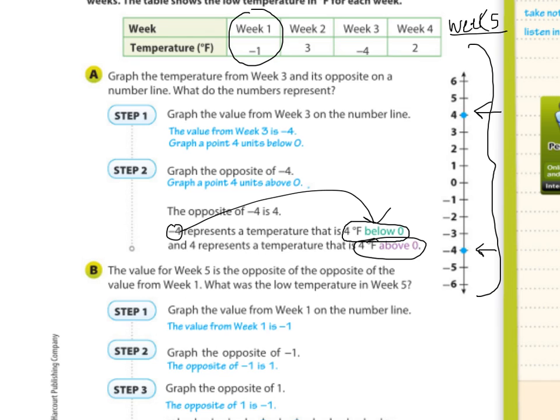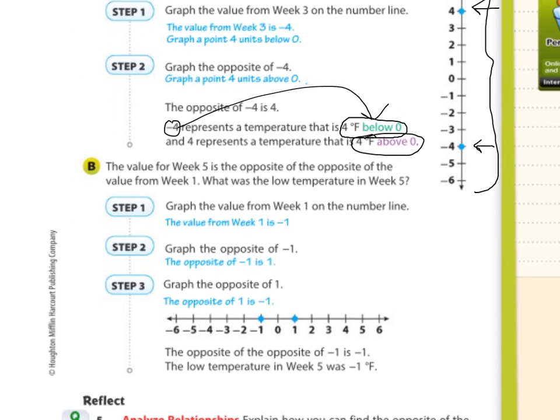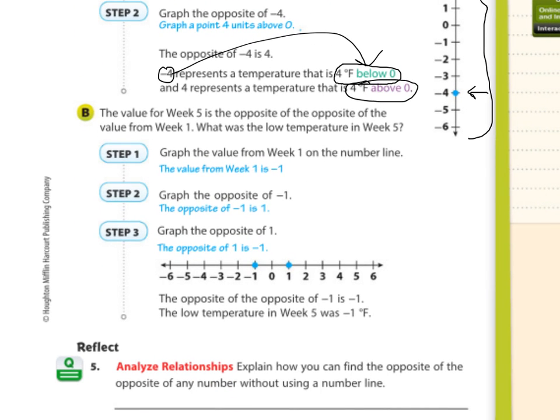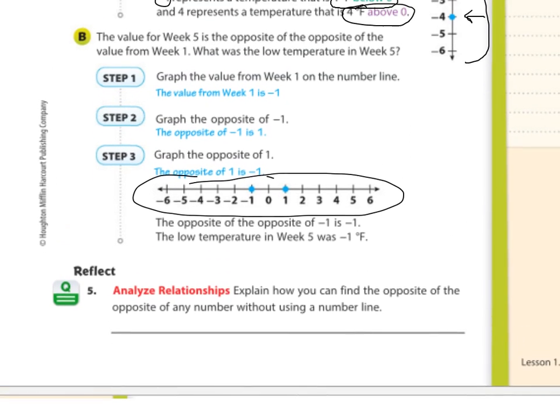Well, what's the opposite of negative 1? It's 1. All right, here is that on a graph. This number line, this graph, is horizontal. It's sideways, so it's horizontal.